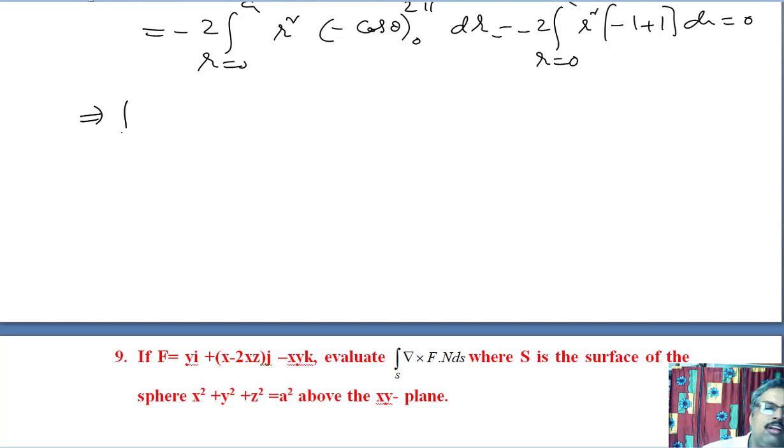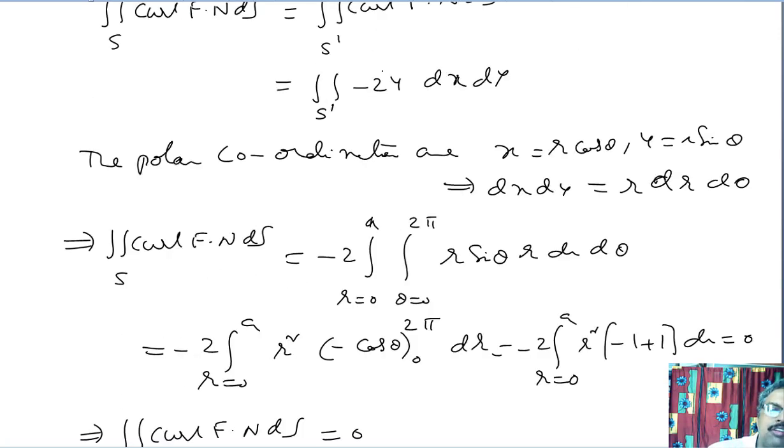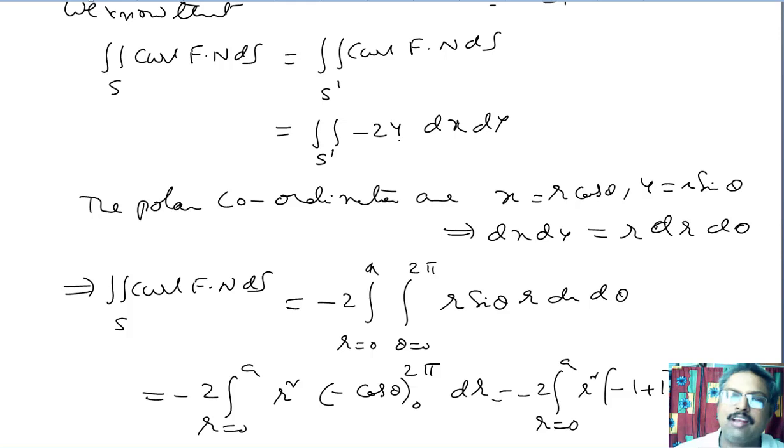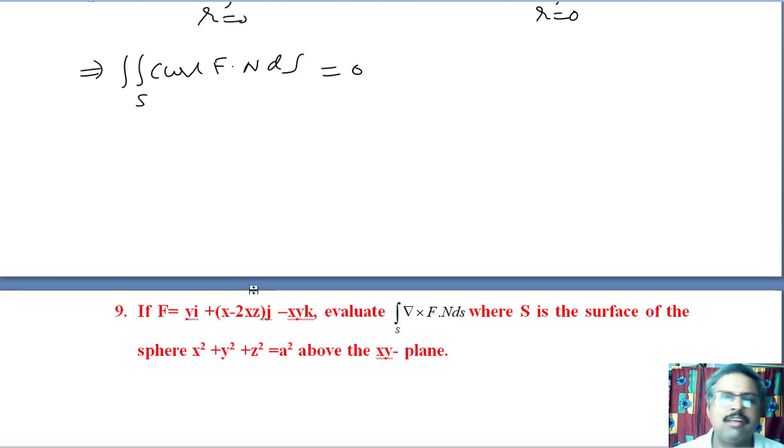So what do you get? Very simple: the double integral of curl F dot n dS over the surface S equals 0. Here we can directly observe that y is an odd function, and the integral from minus root of a square minus x square to root of a square minus x square is directly 0. Okay, no problem. This is 1.